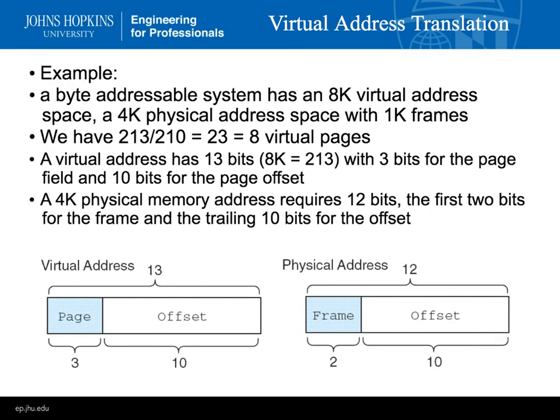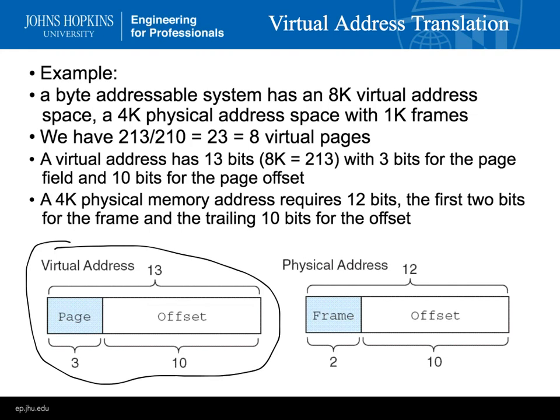So our virtual address is going to be bigger than our physical address. If we have 8K virtual addresses, that's 2 to the 13 addresses, so 13 bits, and we have a 4K physical address space, that's 12 bits, or 2 to the 12th bytes in our memory.